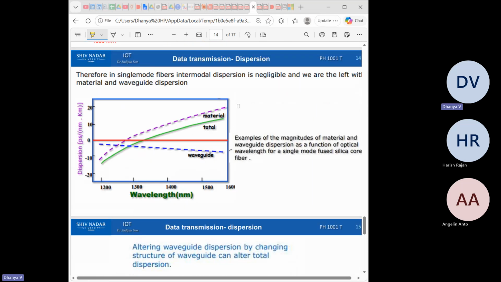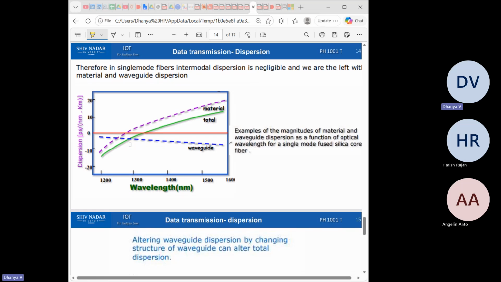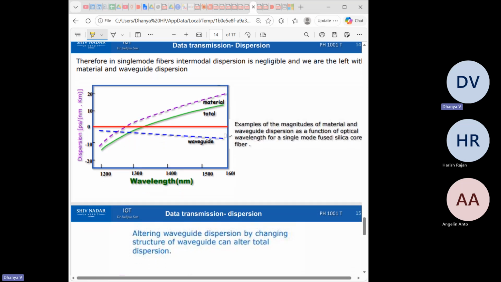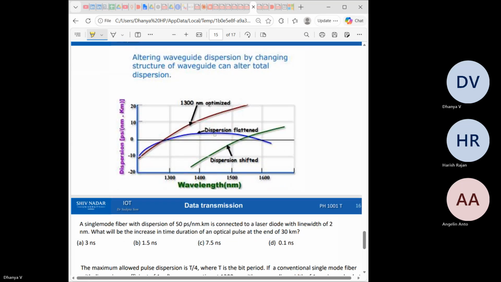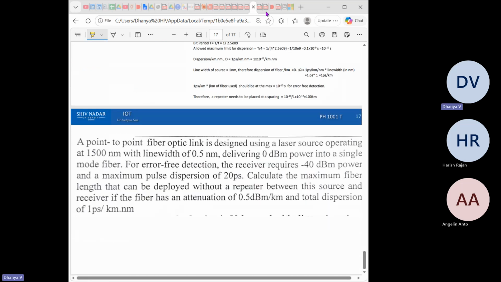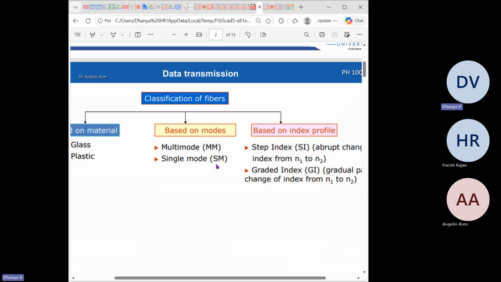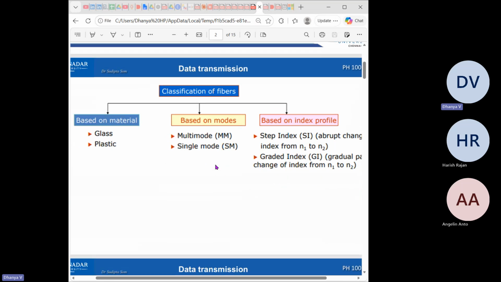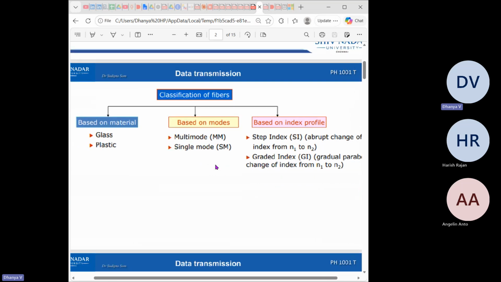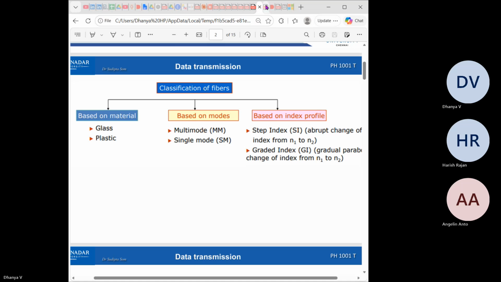And this graph is something that you need to know. As we already told, waveguide dispersion is always negative. That's all with respect to this. With this chapter, I think you mainly need to practice all the questions from previous question papers.